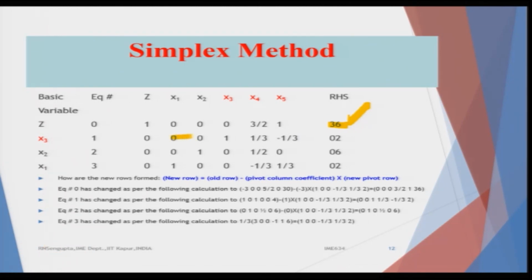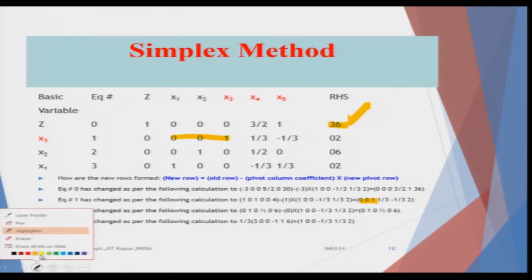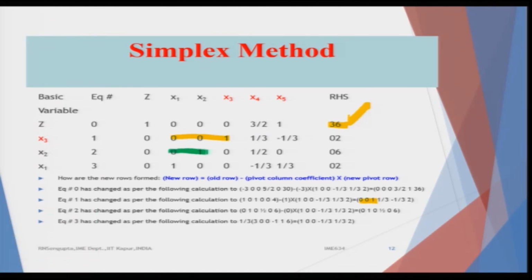So, this is 0, 0, 1, which is 0, 0, 1 here. This is 0, 1, 0, this is 0, 1, 0 here. This is 1, 0, 0, this is 1, 0, 0. So, we have basically obtained the actual identity, which is marked in color, in the row column transformation.